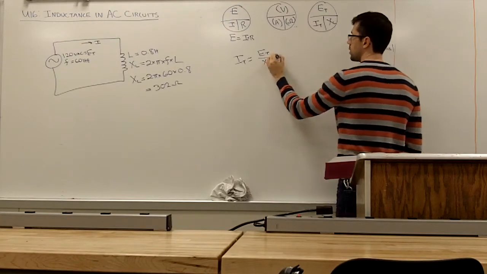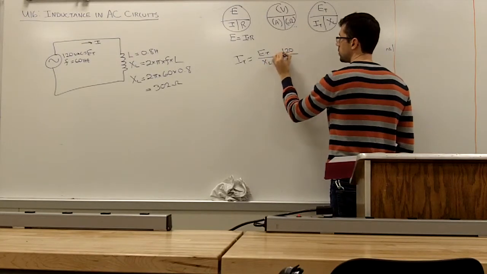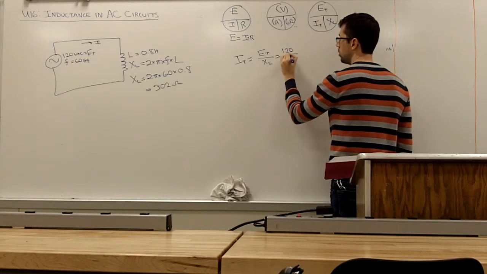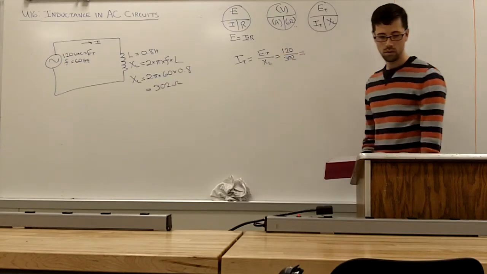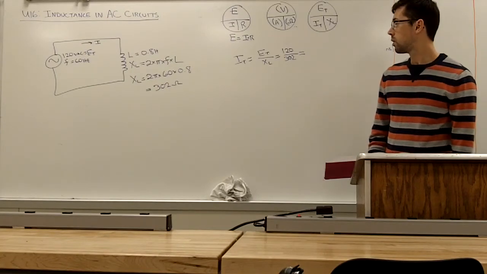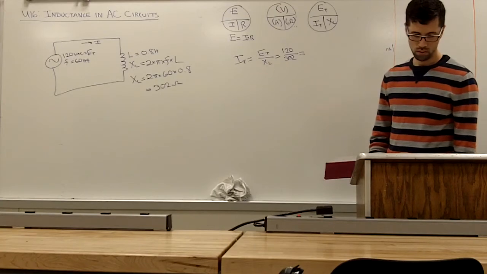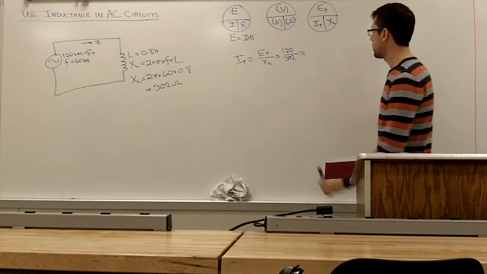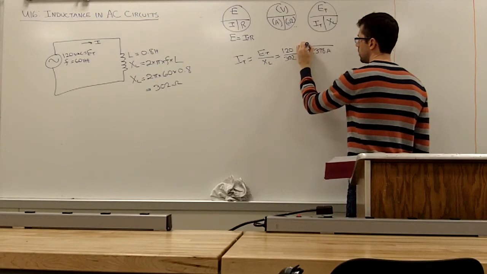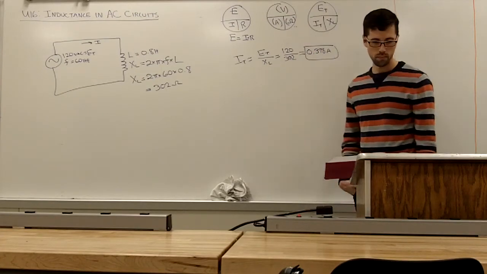So that would be 120 volts AC divided by 302 ohms. And that's going to give us a value of 0.398 amps.